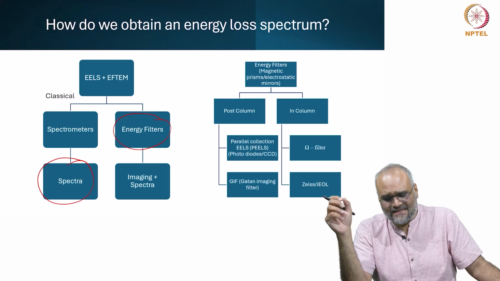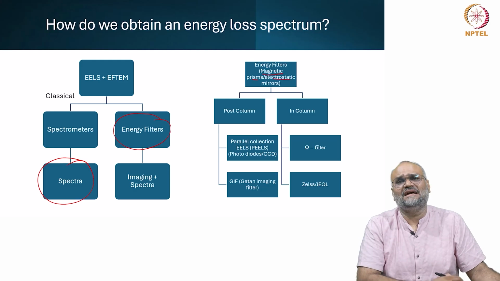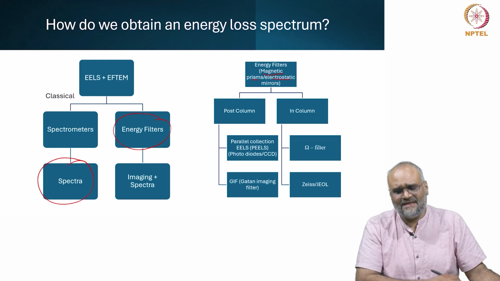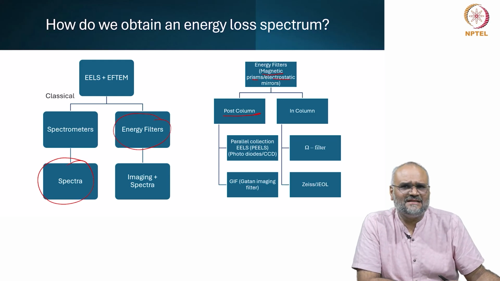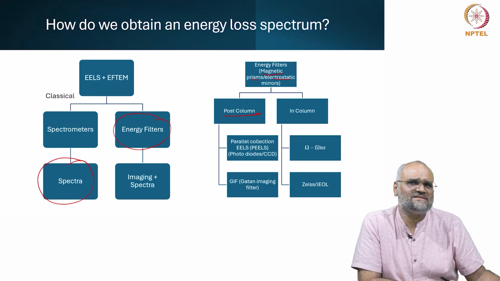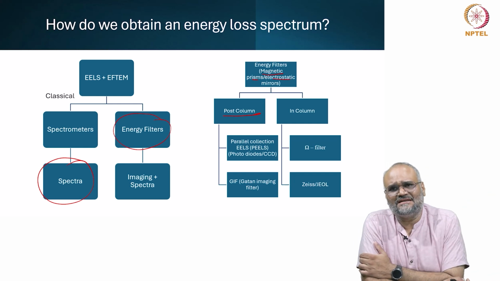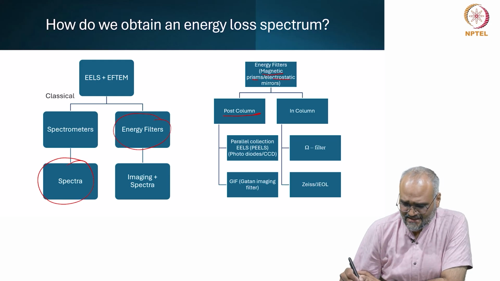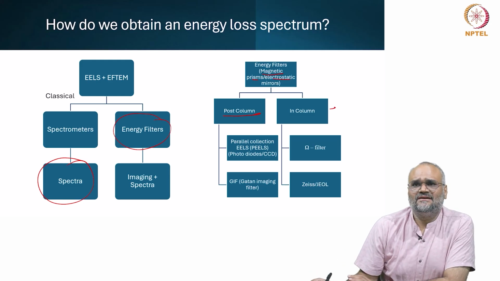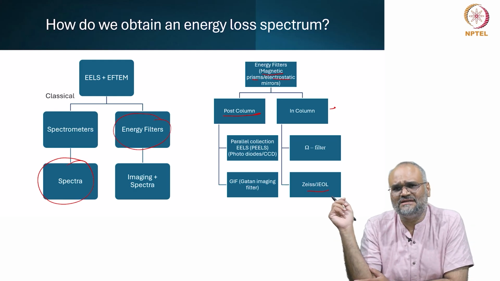So if I look at the energy filters, which are either magnetic prisms or electrostatic mirrors, you have the post-column spectrometer, which is reasonably popular, and is available through most of the companies like Gatan or now CEOS as well. Or you have the in-column filters, called the omega filter, which is available either on Zeiss or JEOL TEMs.